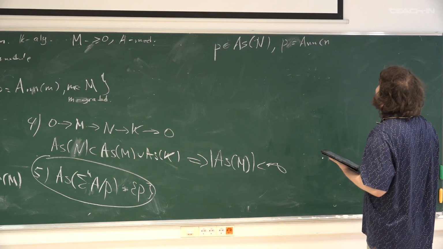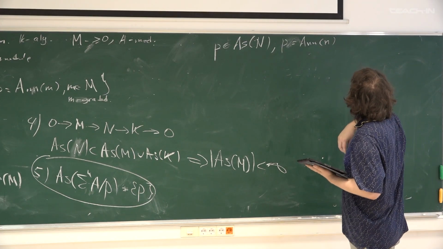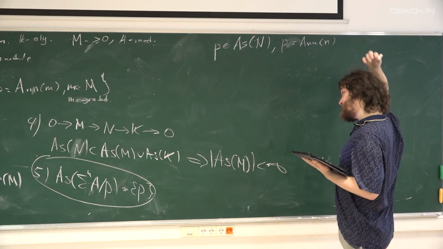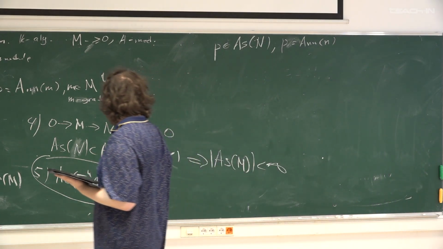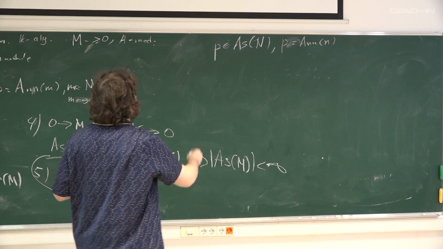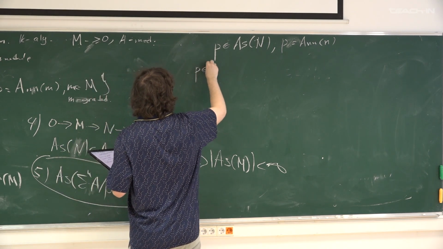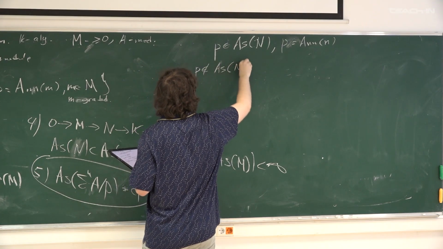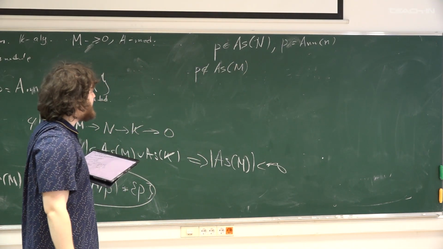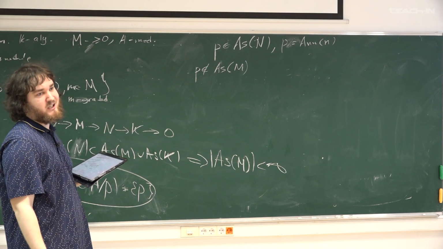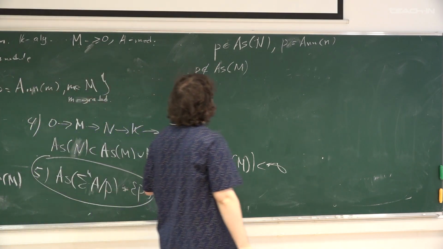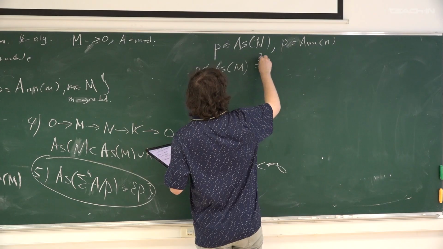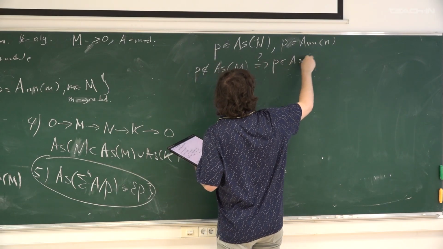It's not important. It's the annihilator of some n. Let's assume that P is not associated to M. So I need to check that in fact then it's associated for K. That's what I need to check, that then P is associated for K.